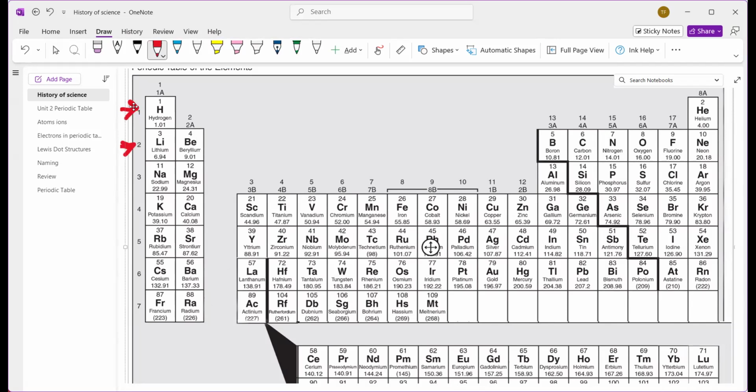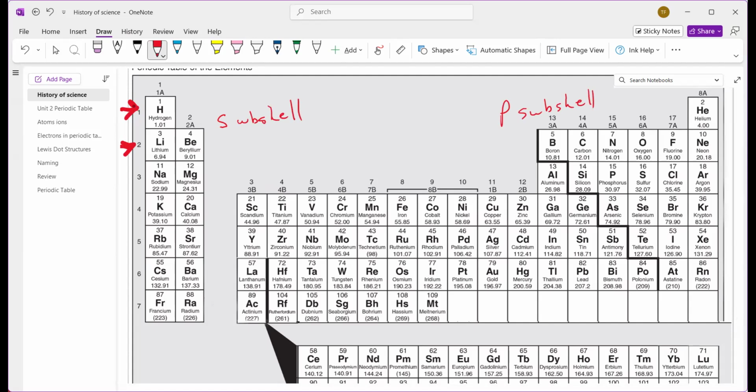Shell 2 is made up of 8 elements and 2 subshells: the S subshell and the P subshell.